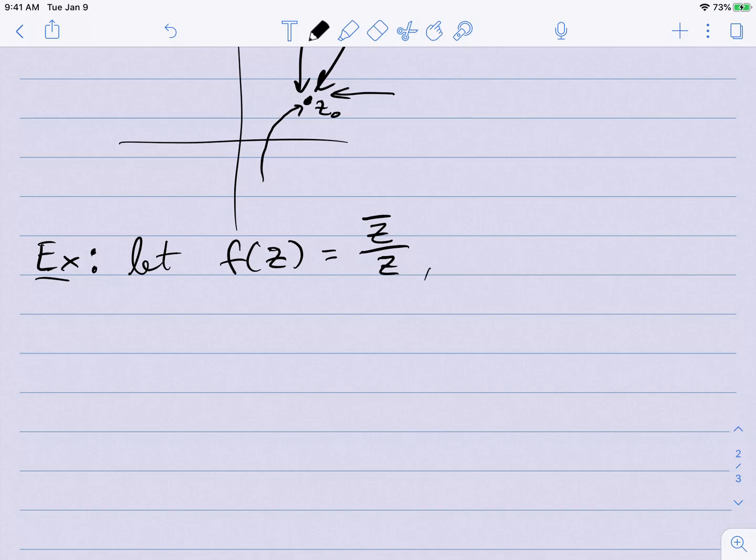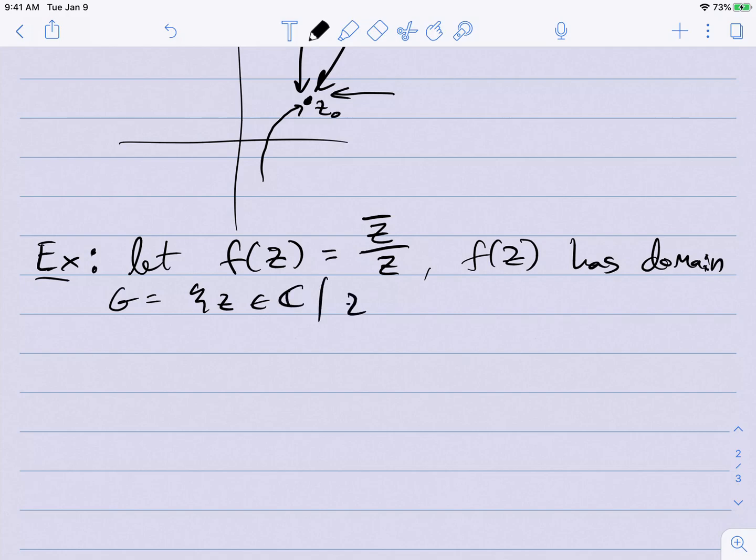When is this defined? Well, where is it not defined? It's not defined if I have to divide by 0, right? So its domain is all z in the complex numbers except for 0.